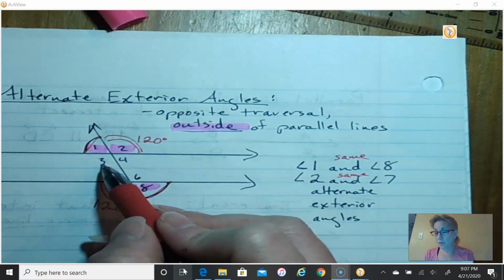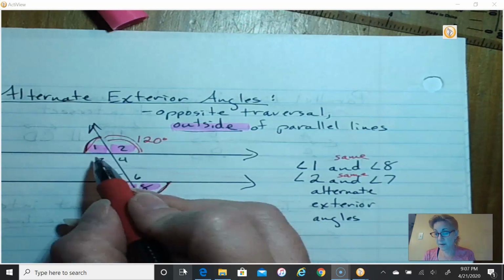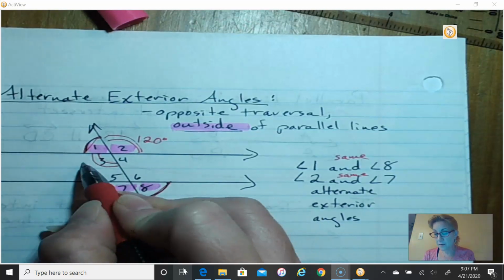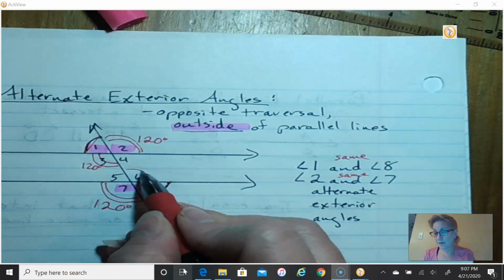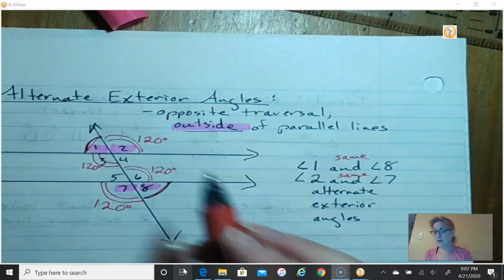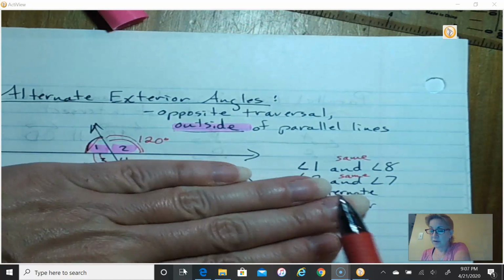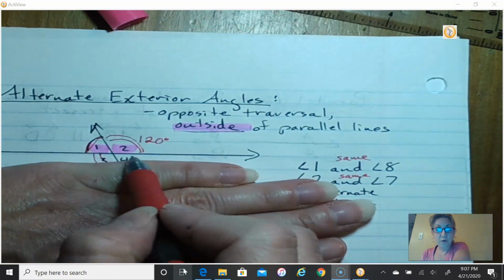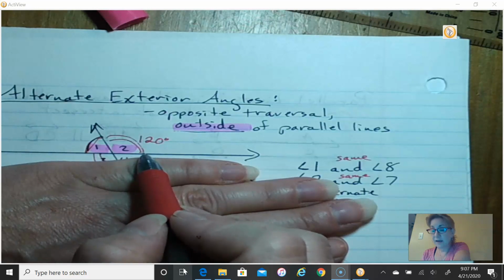And we know 2 and 3 because they're right across from each other. 7 and 6 are the same because they're right across from each other. So we just need to find 1 now. 1 and 2 form a straight line, and a straight line is 180.